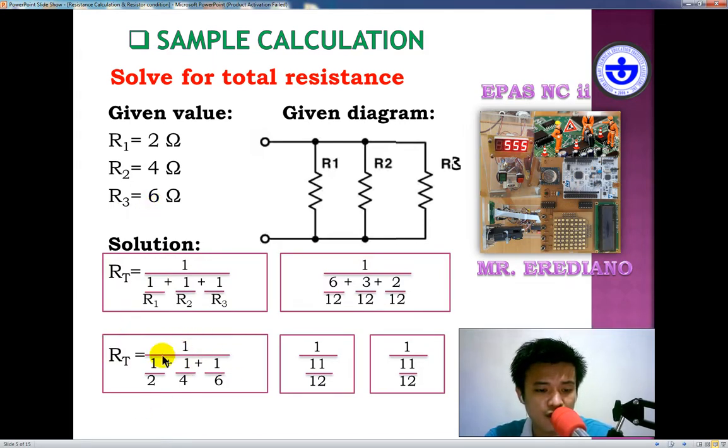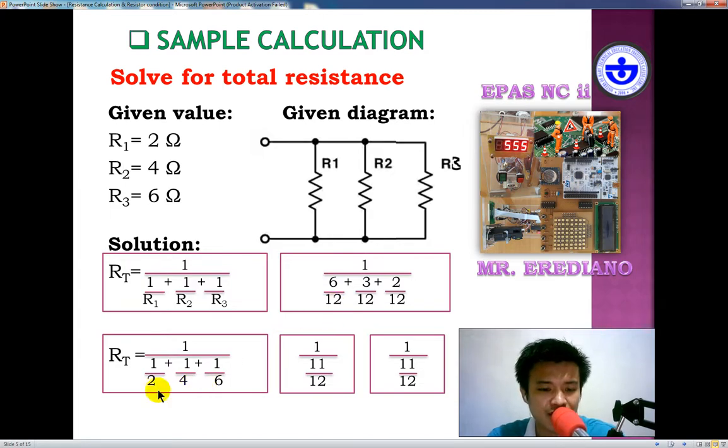We have 1 all over 1 over 2 plus 1 over 4 plus 1 over 6. So from here, we have to find the LCD of these 3 denominators, that is 2, 4, and 6. We could not use 6 because 6 is not divisible by 4. So we have 12 as our LCD.